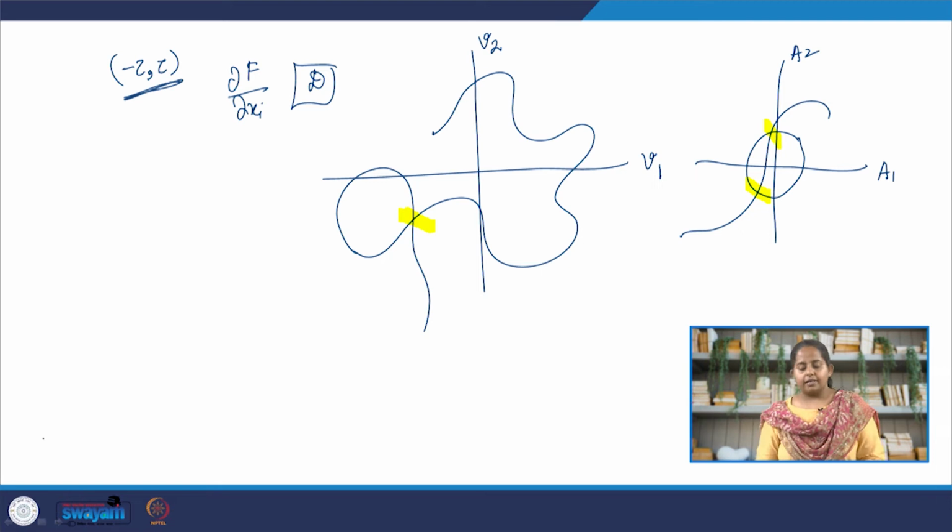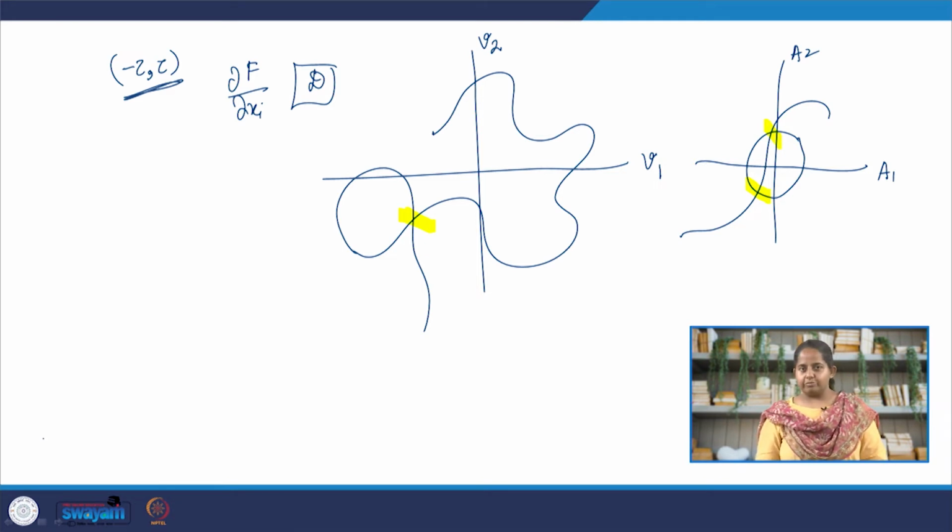What's happening at these sites of intersection is that the uniqueness theorem fails, because at the site of intersection the variable can go in multiple directions, more than one direction, so the solution loses its uniqueness. That is why when you draw the phase portrait, take special care that your trajectories do not intersect.